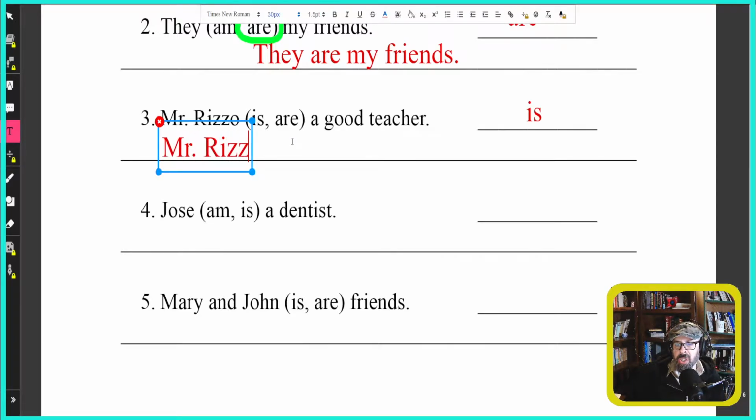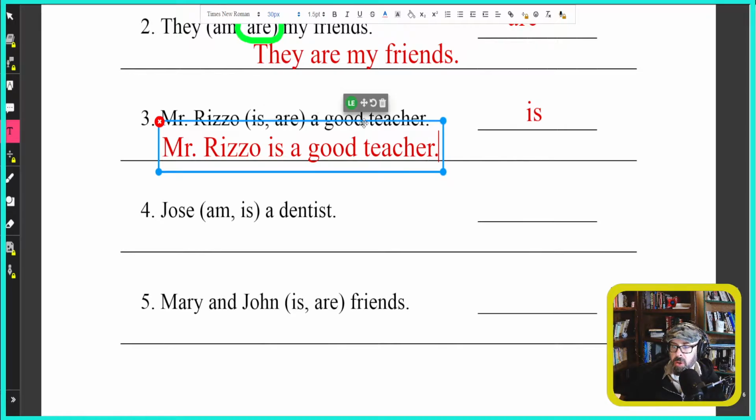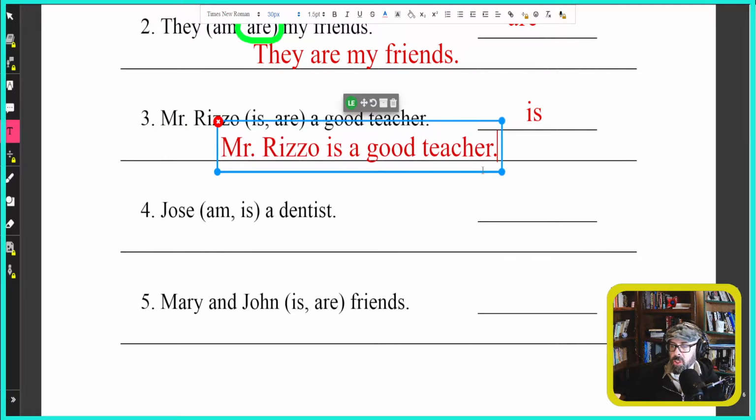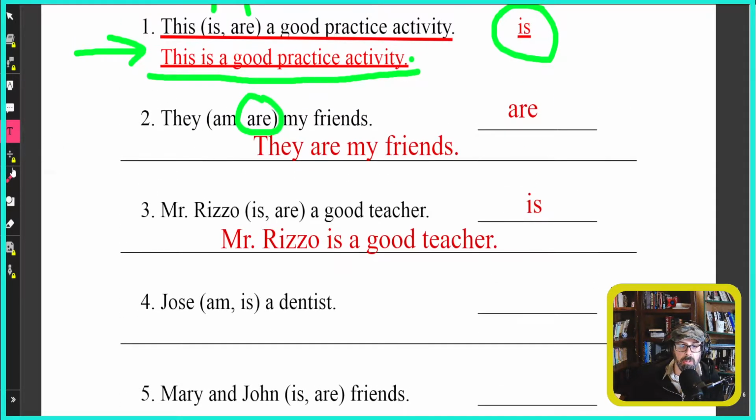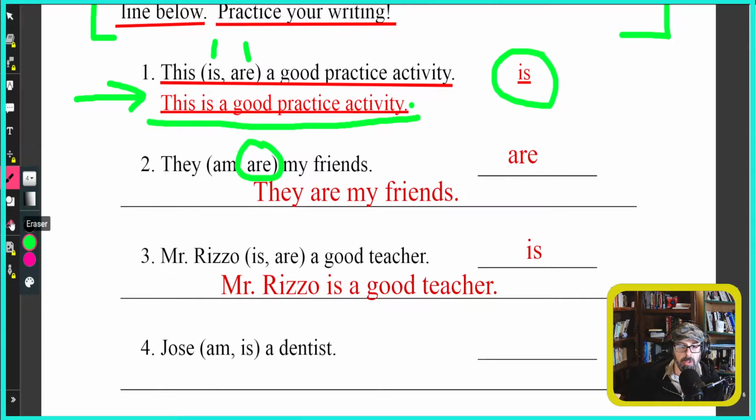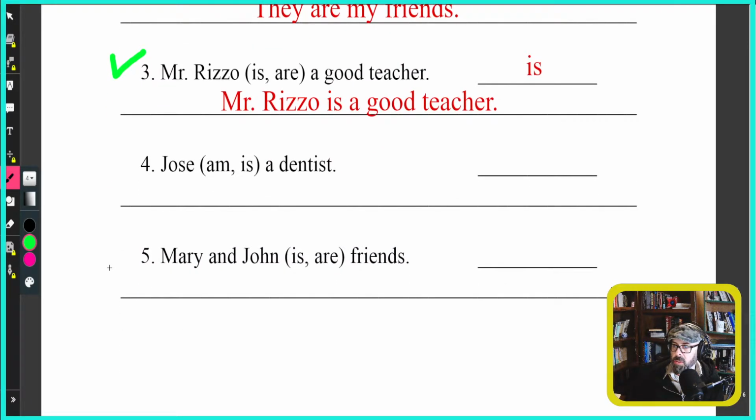Mr. Rizzo is a good teacher, period. On to number 4. We got number 1, 2, 3, on to 4.